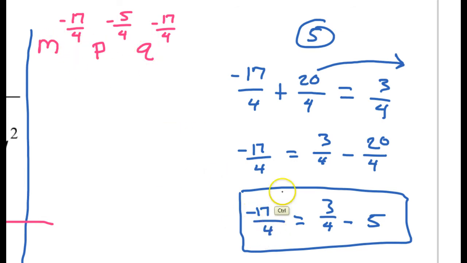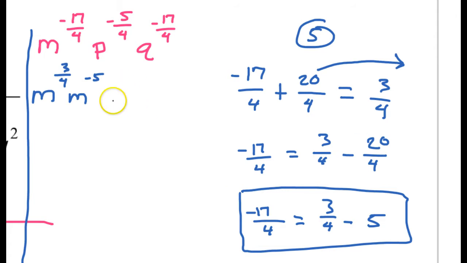So I'm going to split them apart into two variables using these two exponents. So I will have m to the 3 over 4, and I'll have m to the negative 5.